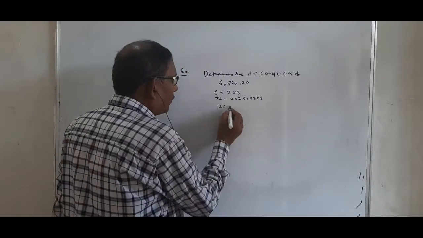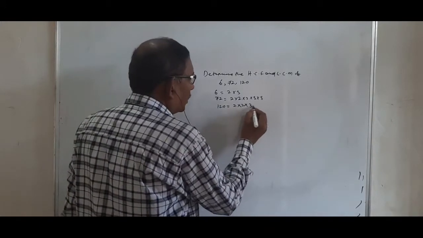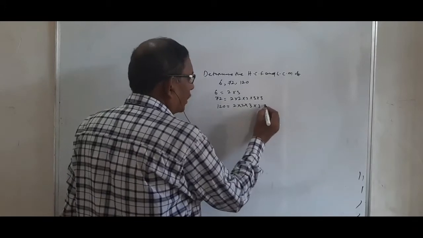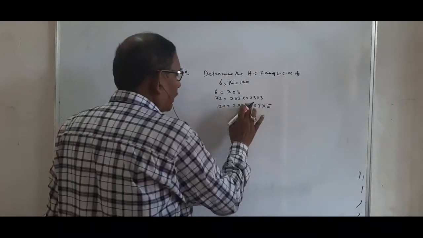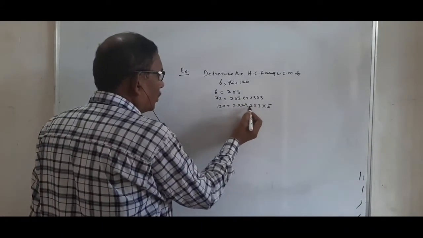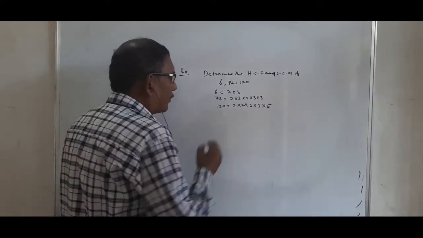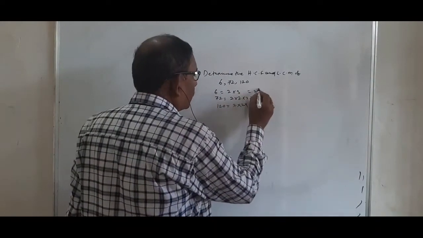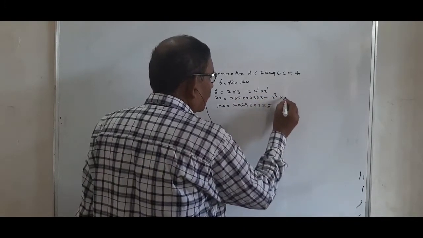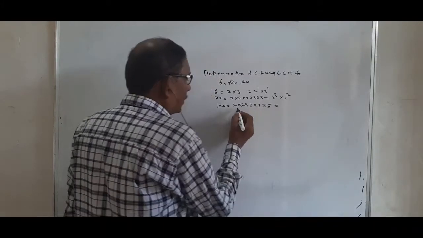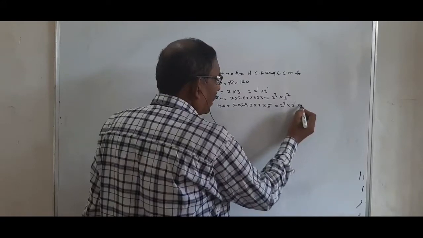Now 120 is 2 into 2 into 2, that is 8, into 3 is 24, into 5. Okay. Here the power of 2 is 1 and 3 power 1. In 72, the power of 2 is 3 and 3 power is 2. In 120, the power of 2 is 3, 3 power is 1 and 5 power is 1.